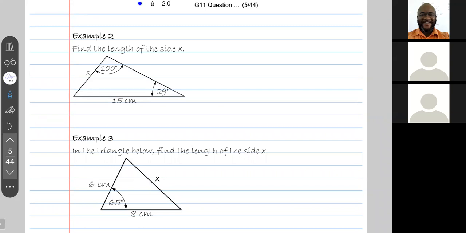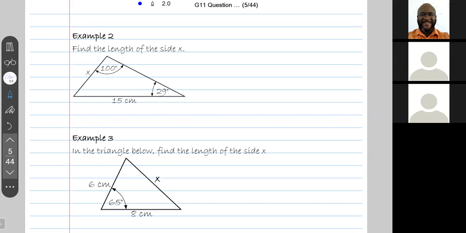That angle there is an obtuse angle, 100 degrees. That's obtuse. Yeah. We have an acute angle, 29 degrees. So we know the size of two angles on one side. If you have two angles on one side, it is a condition for applying the sine rule.